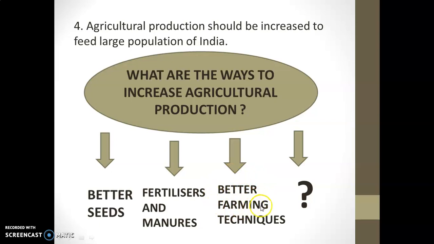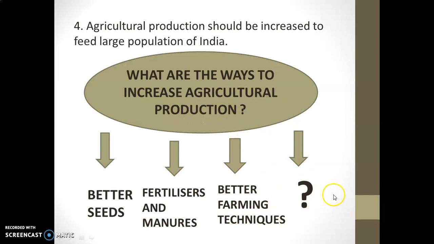In the nodules of pulses there are nitrogen fixation bacteria that increase the fertility of the soil. So that is called multiple cropping. There are so many other farming techniques also. If we use modern farming techniques, then also agricultural production will increase.